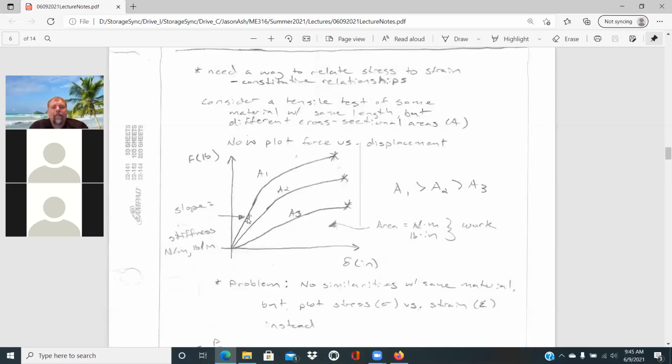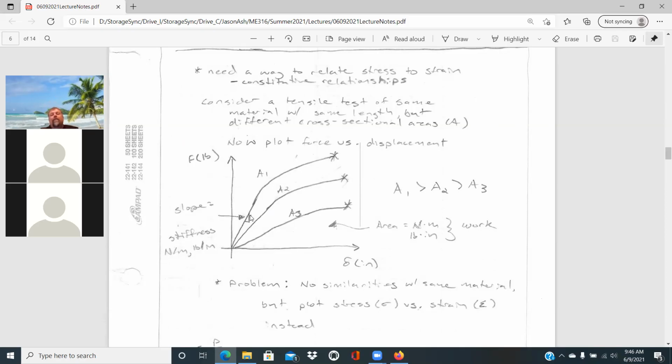The slope on these would be equal to the stiffness of that material in Newton per meter or pound per inch. The area underneath is the amount of work done to stretch that in the tensile test. A1 would be greater than A2, greater than A3. It would take more force to break that, and we'd have a higher stiffness associated with that.